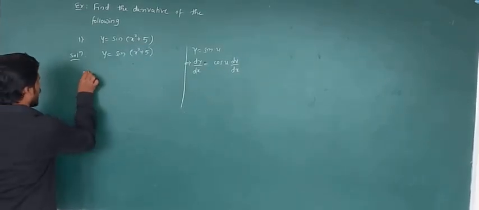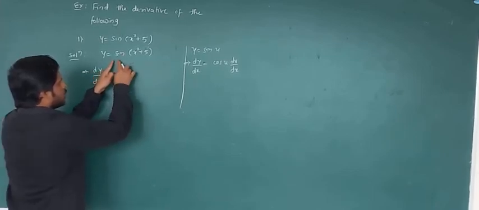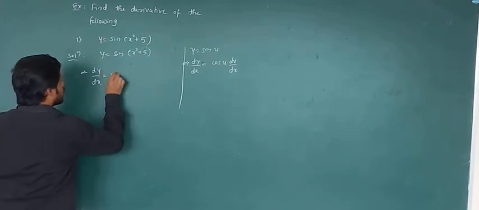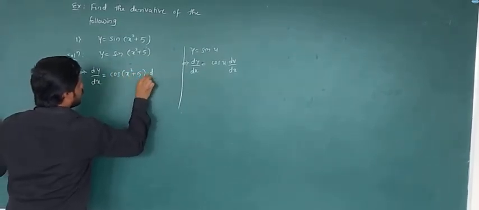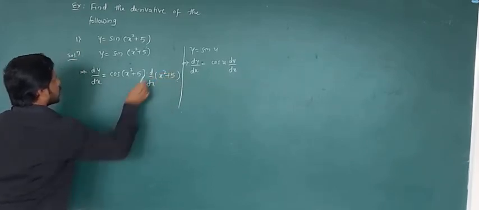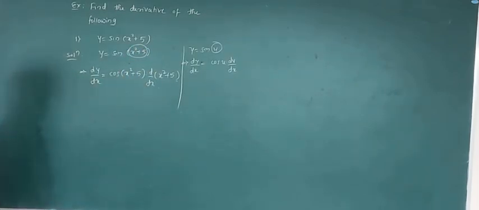So this implies dy by dx is equal to, sine differentiation is cos u, that is cos of x square plus 5 into d by dx of x square plus 5, because in place of u we have x square plus 5.